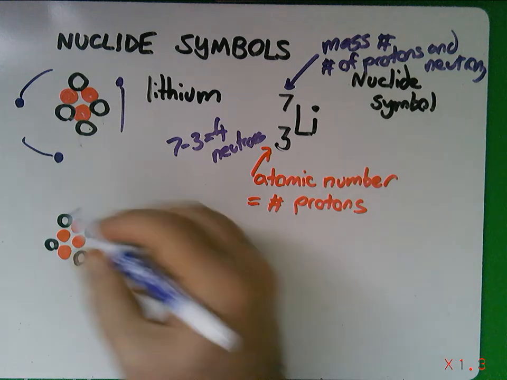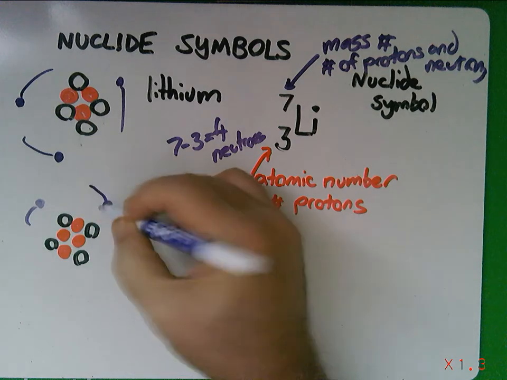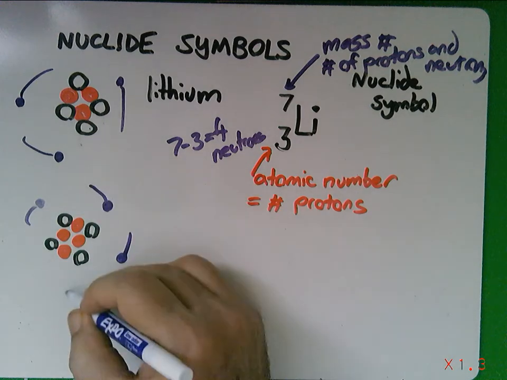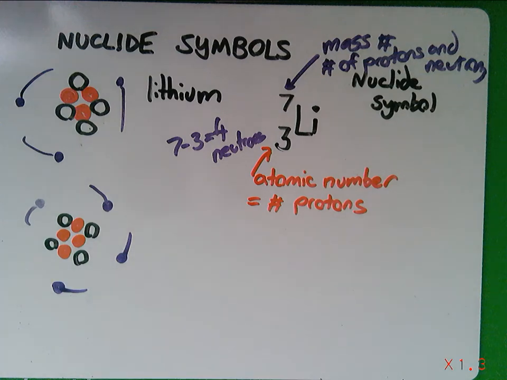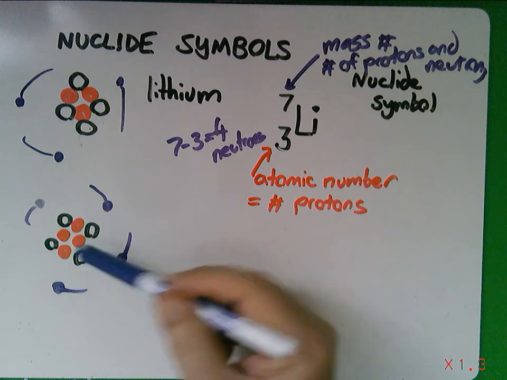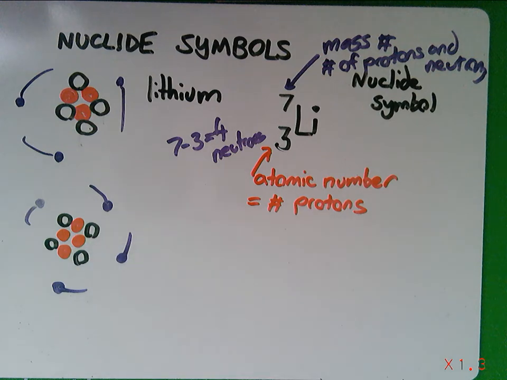Every proton needs an electron zipping around outside. It doesn't matter where I draw them, or none of that matters. It just matters about the count. So I can tell which element this is if I look at the periodic table. There's only going to be one element that has got 4 protons. That is an atomic number 4. And if I look on the periodic table, it's going to be beryllium, Be.